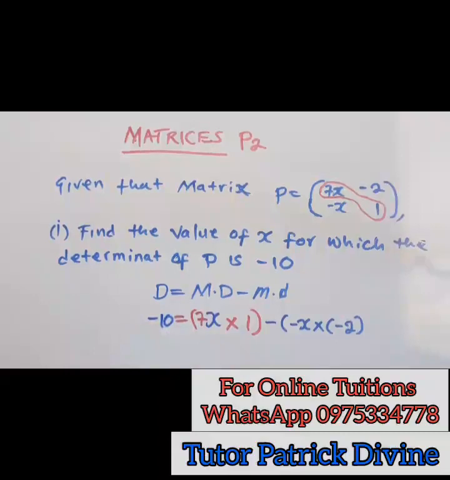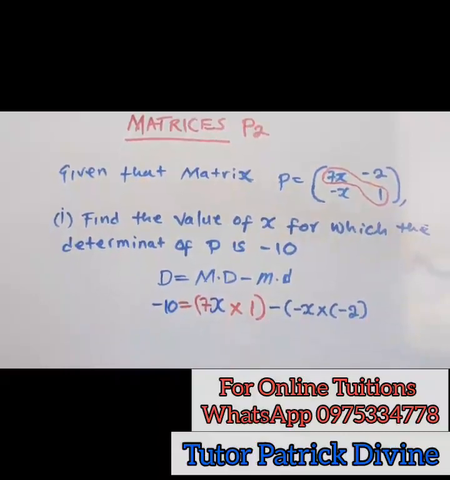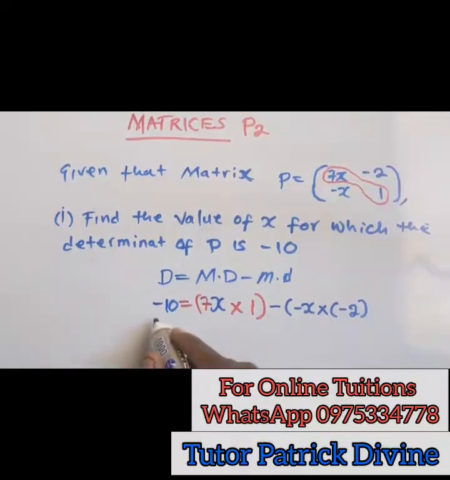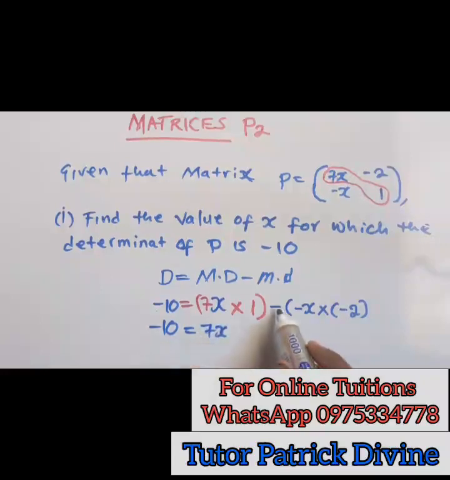Now this is just an equation that you can multiply, subtract and add. We say negative 10 is equal to 7x times 1, which is 7x. Then this negative, we use this negative times everything that is inside.